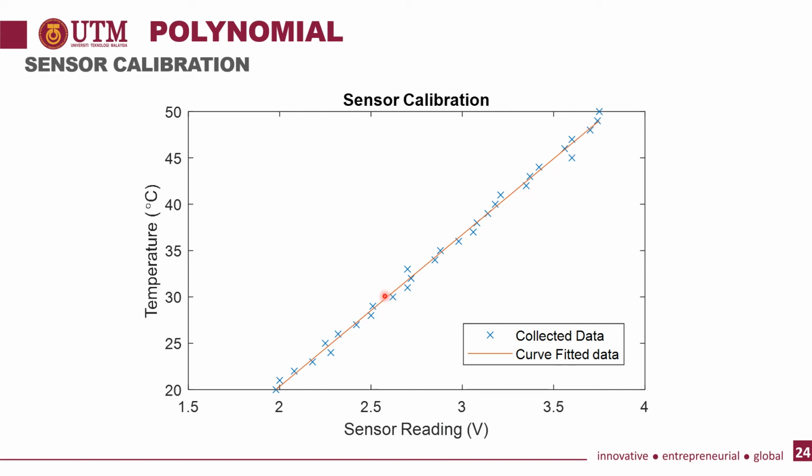After you find the expression, you want to evaluate whether it is the correct expression, so is it accurate or not? What you should do is put the value of the input, which is the sensor reading, inside the expression, and evaluate the expression that you get from polyfit by using the function polyval, and this is what you get.